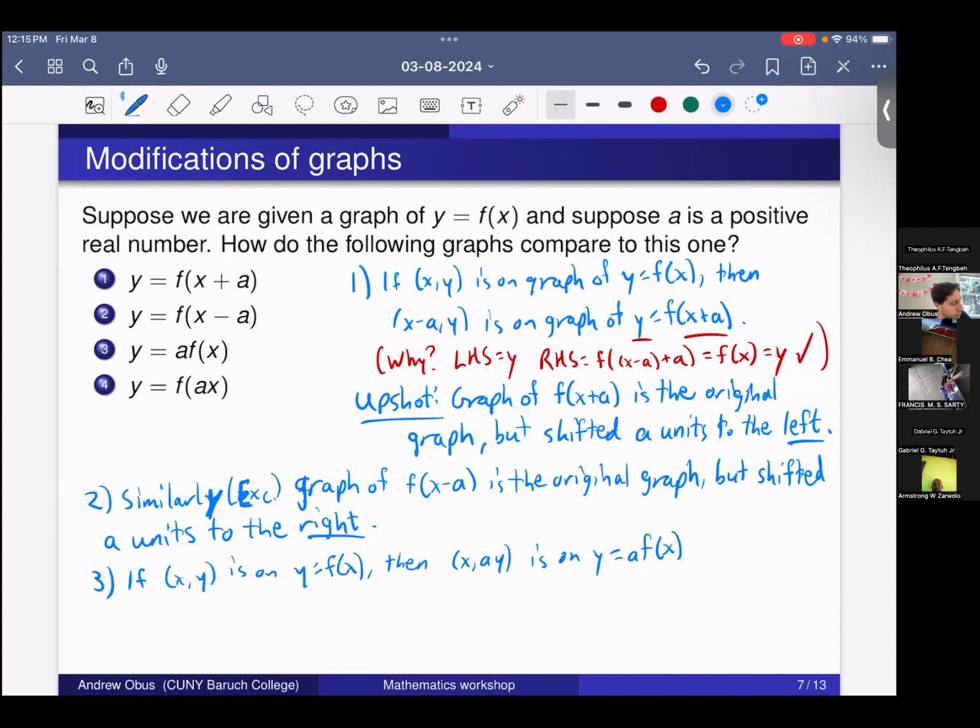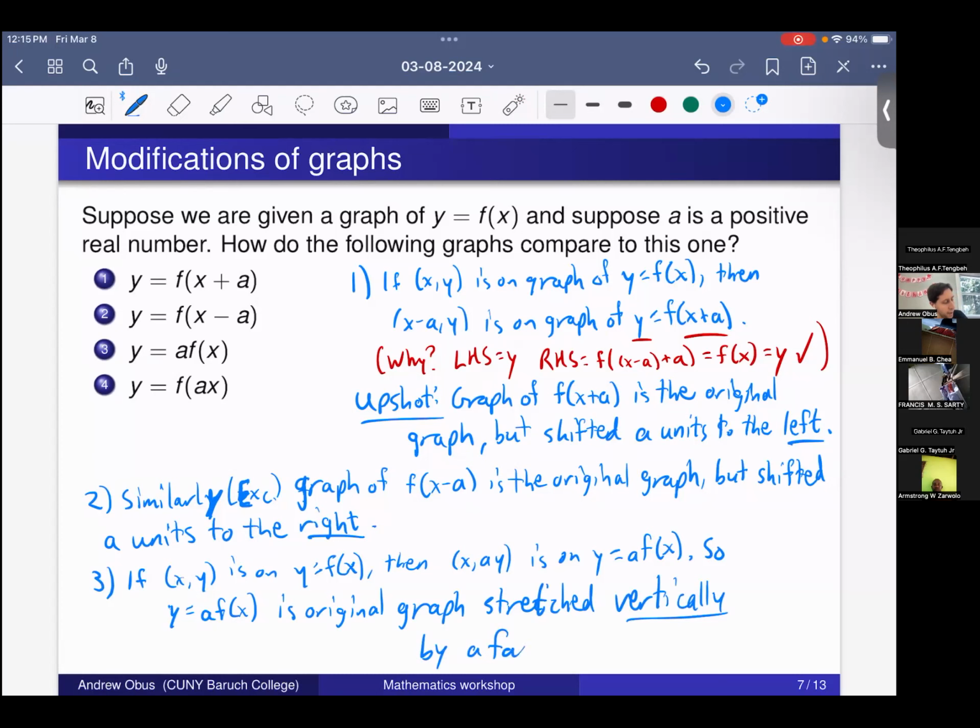So what this tells us is y equals a f of x is the original graph stretched vertically by a factor of a.